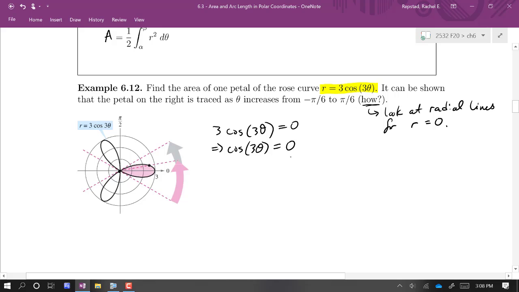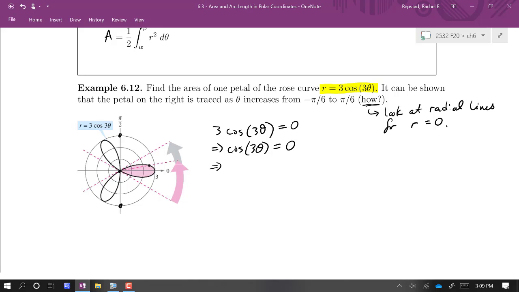Now cosine is equal to 0 at the top and at the bottom of the circle. That's where the x-coordinate is 0. So that means that 3 theta is some odd multiple of pi over 2. It could be pi over 2, 3 pi over 2, 5 pi over 2, 7 pi over 2, also negative pi over 2, negative 3 pi over 2.